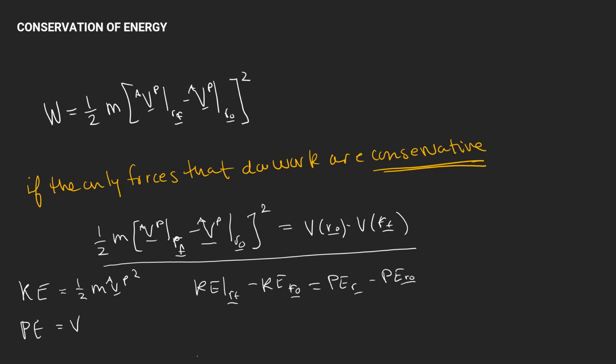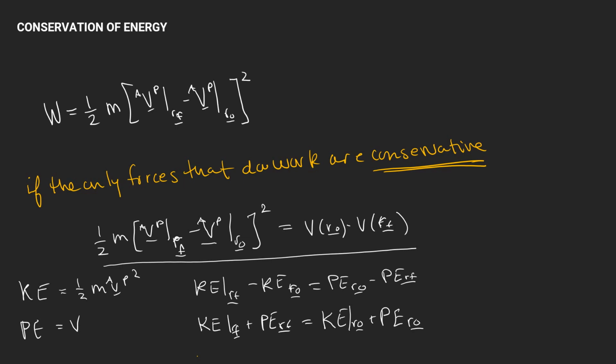Remember that negative sign. And then we can swap these terms, and what we get is the kinetic energy at RF plus the potential energy at RF is equal to the kinetic energy at RO plus the potential energy at RO.